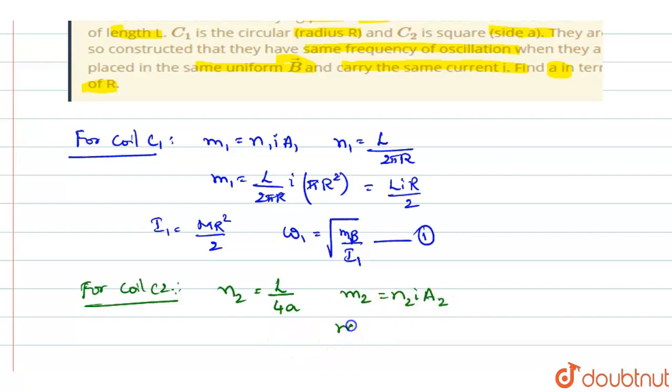M2 becomes L by 4A into I into area of cross section, which will be side square, A square. When you simplify it, A gets cancelled, so that you will get L I A divided by 4. This is the magnetic moment.